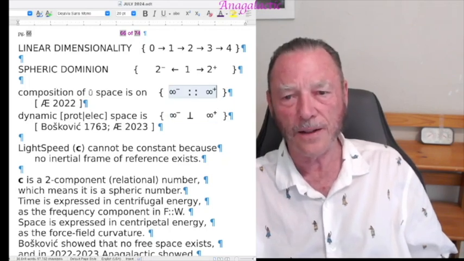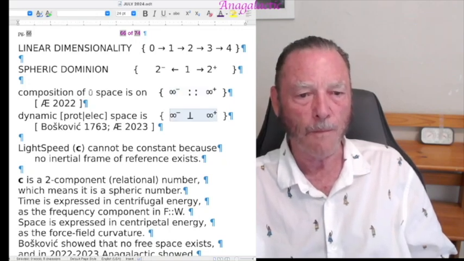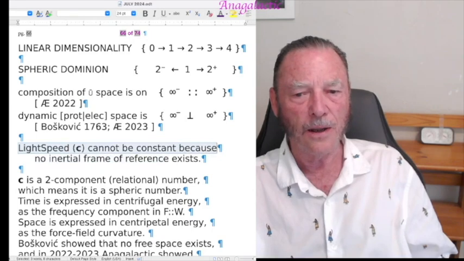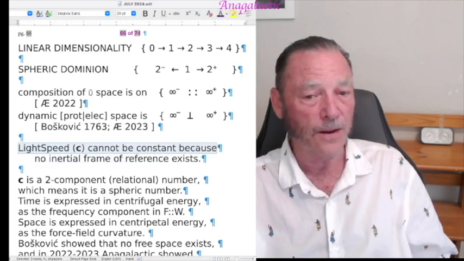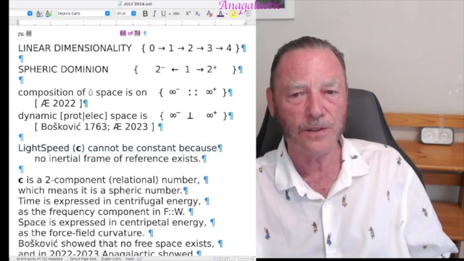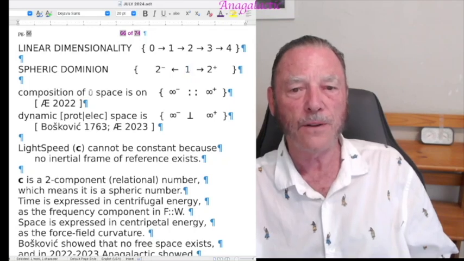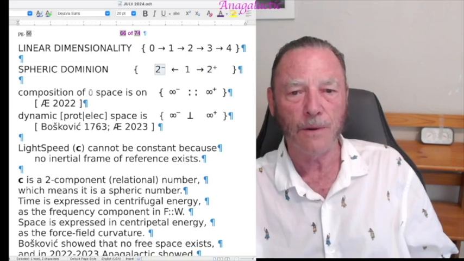This defines the universe. This defines the quantum. Light speed, therefore, cannot be constant. The reason light speed cannot be constant is because it's this number 1. But you see, that oneness, that unity, is based on a balance between this number and this number.